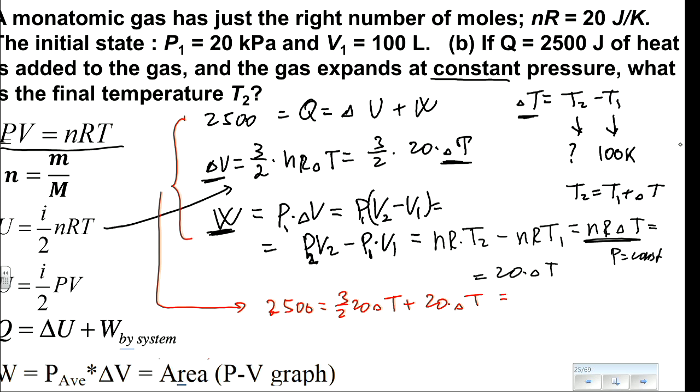So now I gotta do it in my mind. 20 over 2, 10, 10 times 3, 30, 30 plus 20 is 50, 50 times delta T. Delta T will be equal to 2500 over 50. 50.